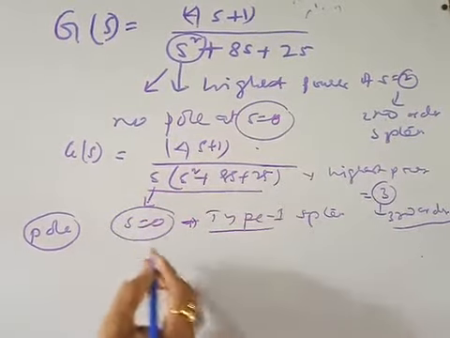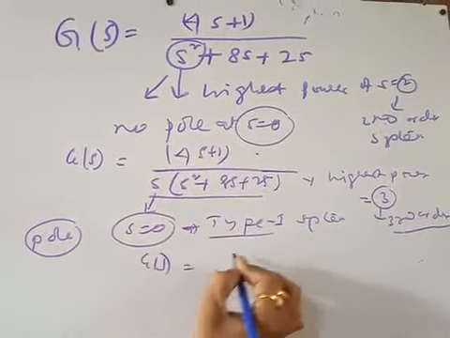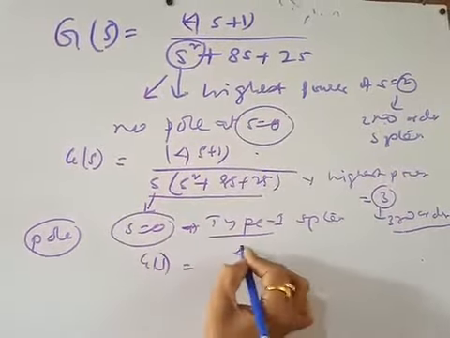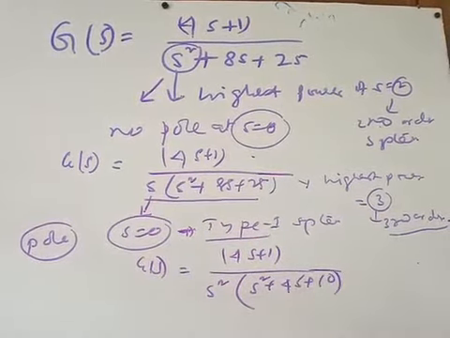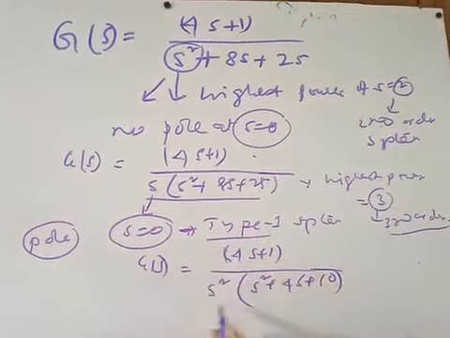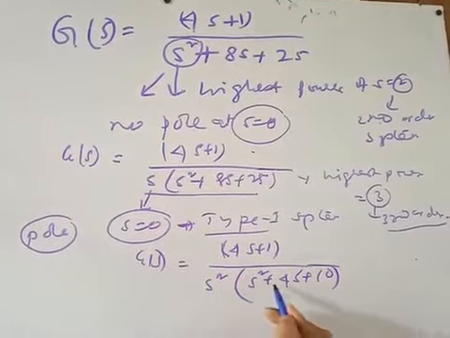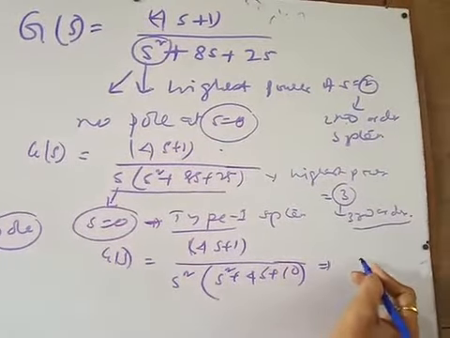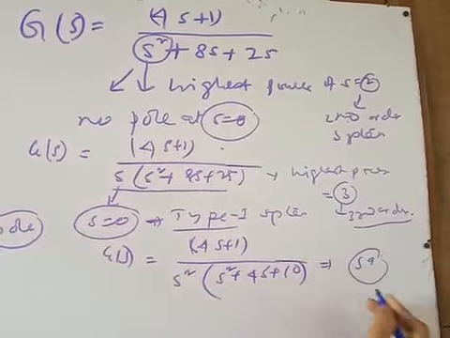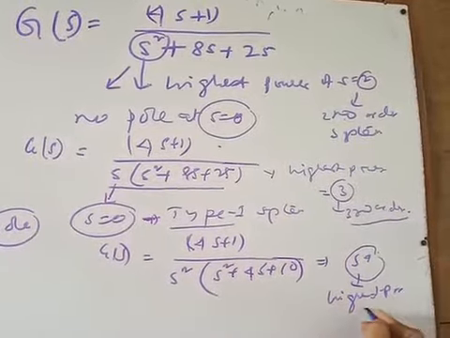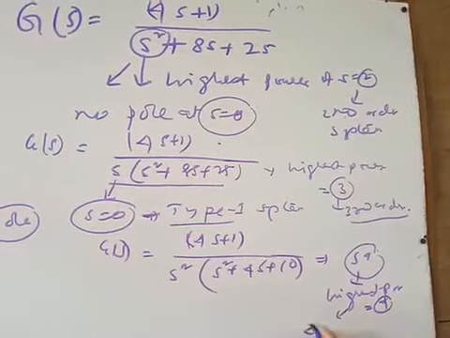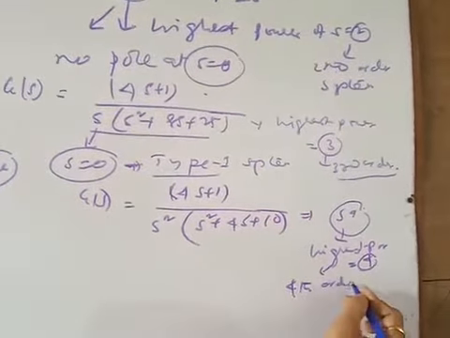So if the transfer function is, say, G(s) is equal to 4s plus 1 by s square into s square plus 4s plus 10, what happens in this case? There also, if you multiply the denominator part, you get s to the power 4 in the denominator. That means the highest power is equal to 4, so this is a fourth order system.